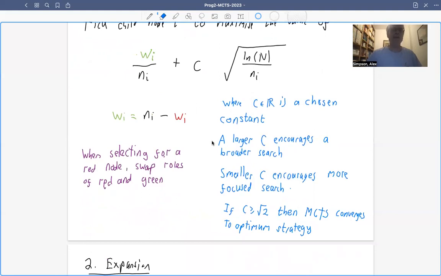And the goal of selection: selection finds a path from the root to a non-fully expanded node.